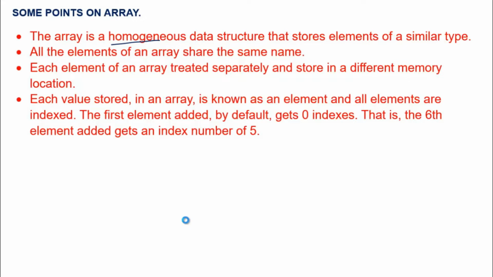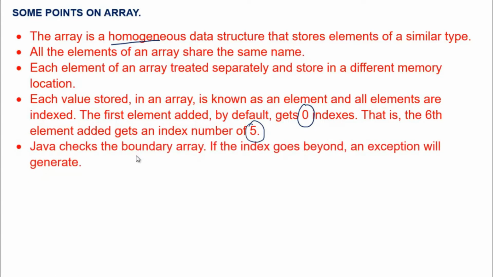The first element is added by default at index 0, as I told you in the previous slides. So it will start from index 0, and the sixth element added gets an index number of 5. If the array has six elements, then the last element's index will be 5.